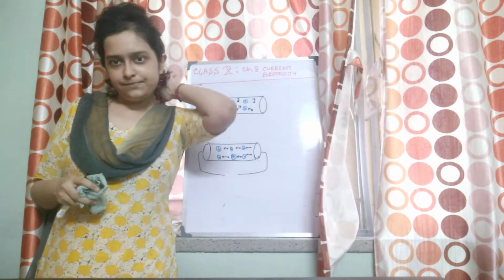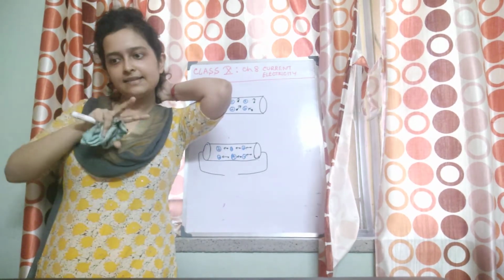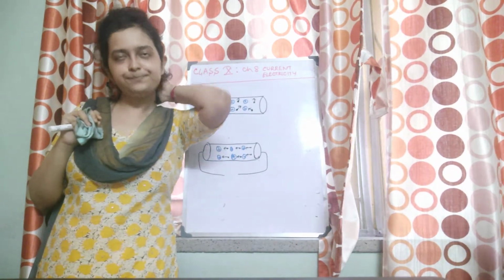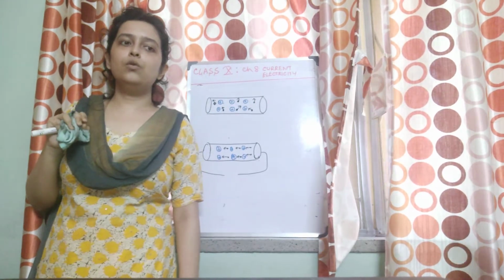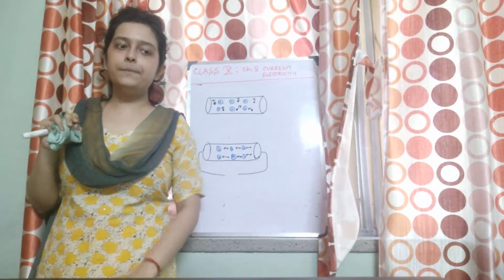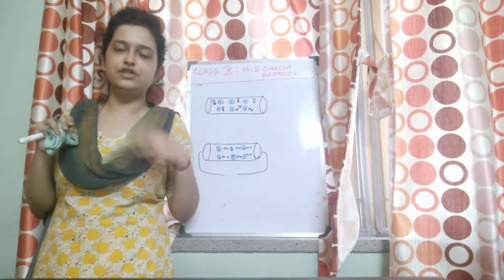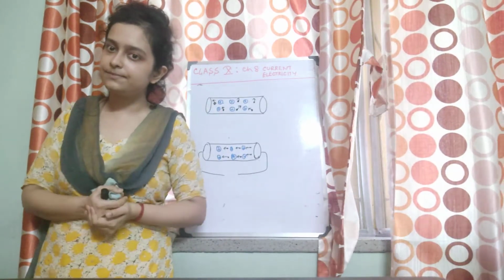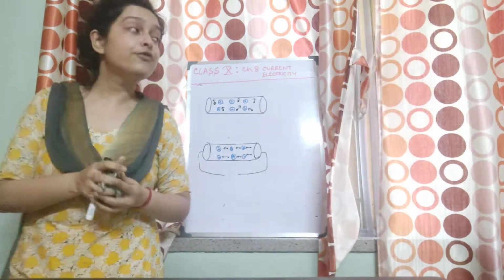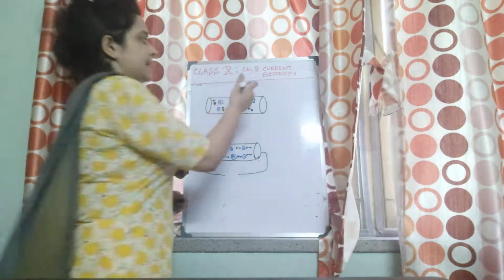An atom has positive ions as well as electrons, right? Now what about the metals? What is a speciality of the metals which makes them good conductors? The presence of free electrons.